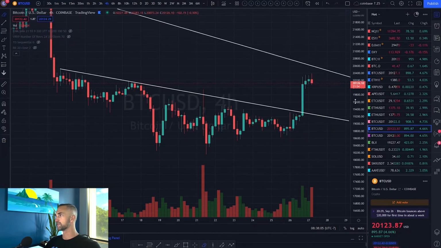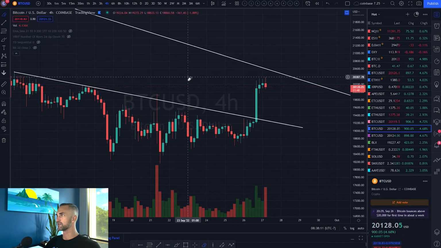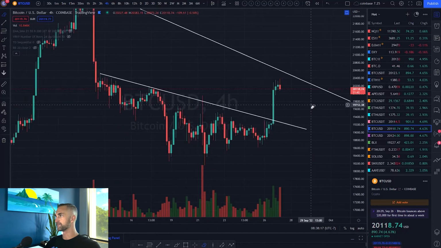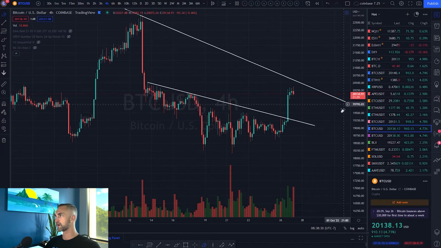In fact, I don't even see any reason why Bitcoin is rallying at the moment, given the economic conditions, the dollar's strength, the stock market pulling back to new lows. I imagine it's a bit of a relief bounce, a bit of a liquidity grab, and yeah, that's probably what's going on here.